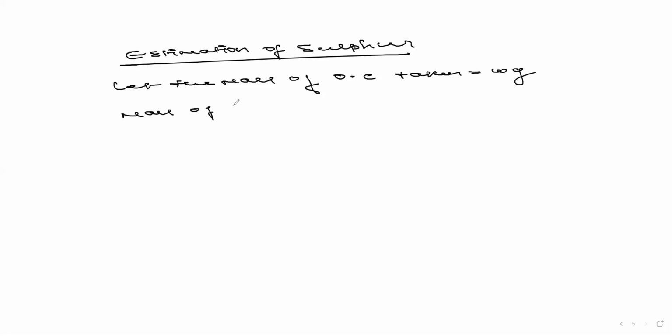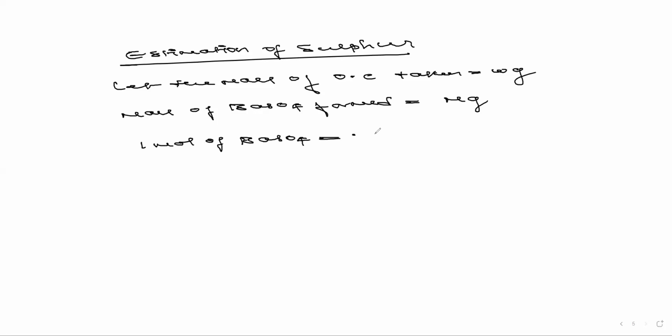So mass of barium sulfate formed is equal to m gram. 1 mole of barium sulfate is equal to 233 gram.